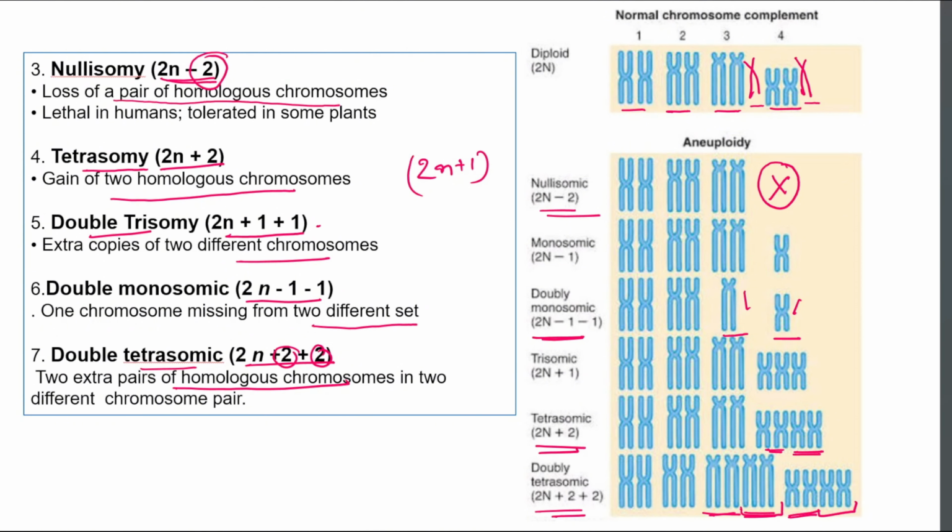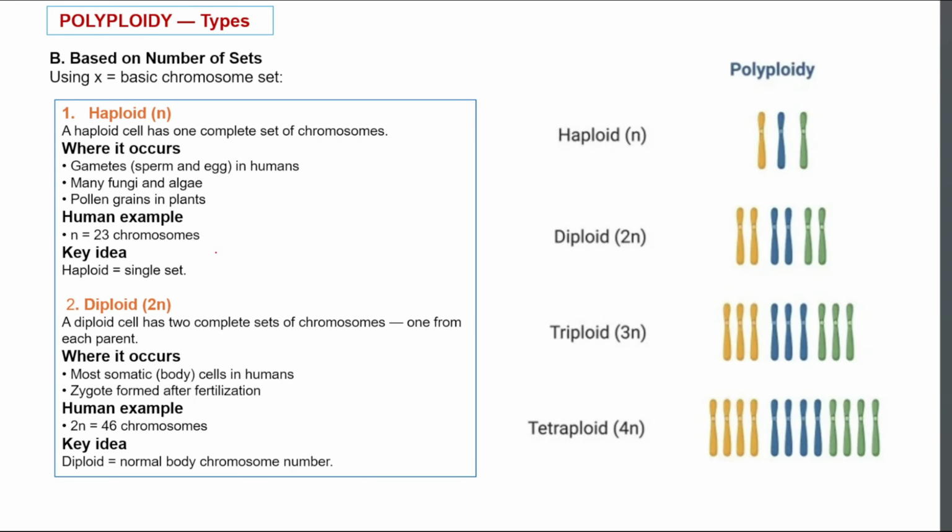Next are the different types of polyploidy, where the complete set of chromosomes is increased. So this is the haploid. A haploid cell has one complete set of chromosomes, like chromosome 1, chromosome 2 and chromosome 3, only one complete set. That is called haploid. For example, human sperm and ovum have a haploid number of chromosomes, n equal to 23.